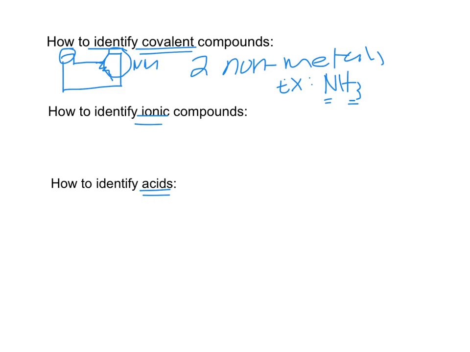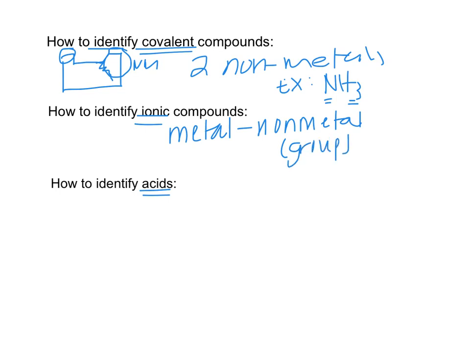For ionic, if you remember, that was a bond between a metal and a nonmetal. Or the nonmetal could be a group of nonmetals called polyatomics. So for example, NaCl is a metal and a nonmetal. Or you might see something like this. That's a metal, and this is a group of nonmetals.